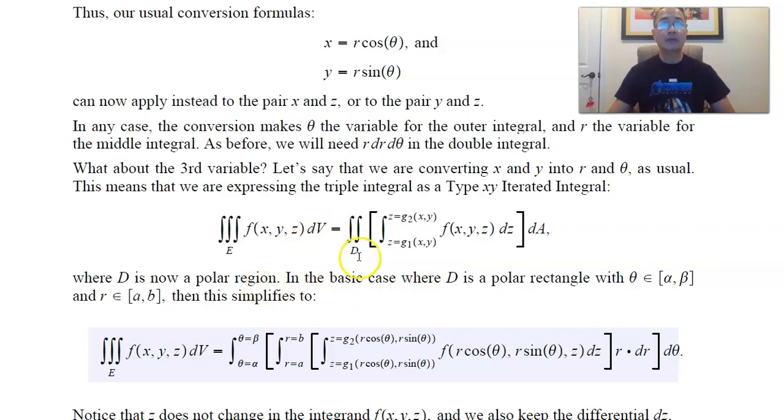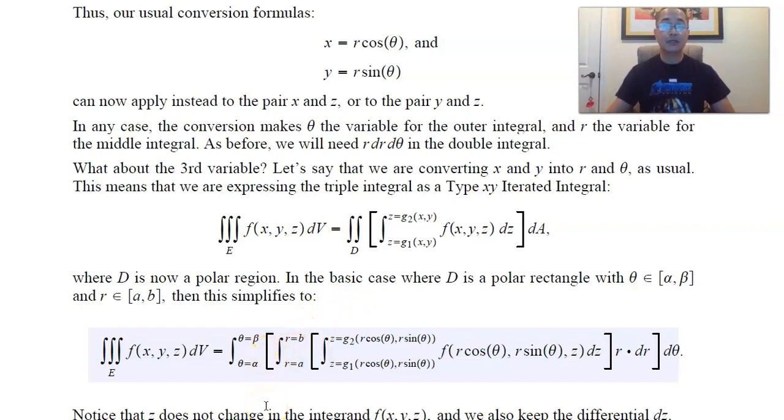Okay, so we will assume now that D is a polar region, so theta will go from some alpha to beta, and r will go from some a to b. Does it matter if theta is outside or r is outside? There are instances, as we saw in chapter 2, where r sometimes depends on theta.